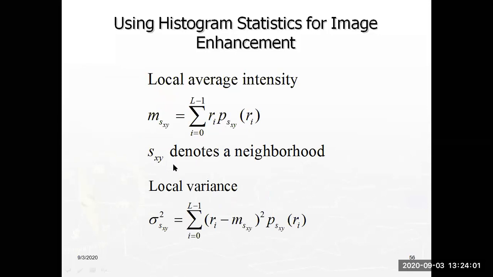Here Sxy denotes a neighborhood or a set, and then the local variance. So local mean, local variance. That means one image is converted into a number of parts or sets. After that, calculate the image local intensity or local mean value, and similarly local variance.